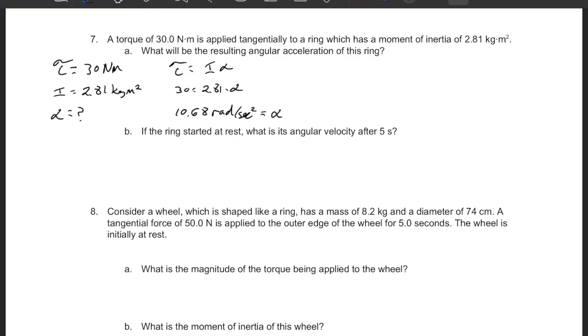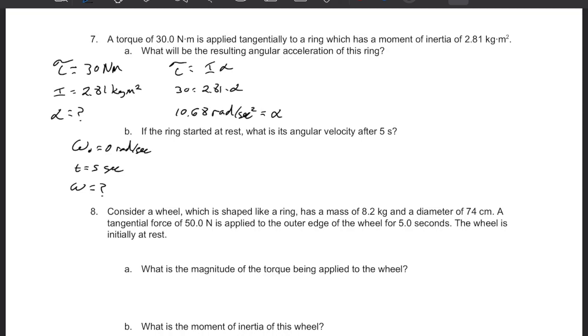If the ring started at rest, so omega naught is 0, what is the angular velocity after 5 seconds? So omega naught being 0, time is 5. Alpha we just solved at 10.68. We're looking for our omega. Omega is equal to omega naught plus alpha times time.